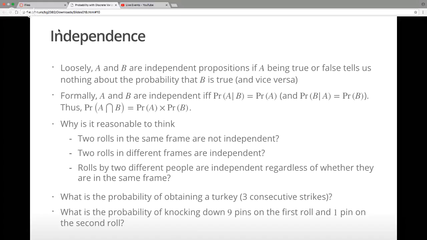Correct. Is that the same as the probability of knocking down 1 pin on the first roll and 9 pins on the second roll? Is that going to be the same number?